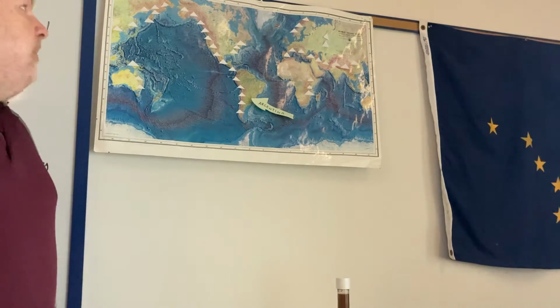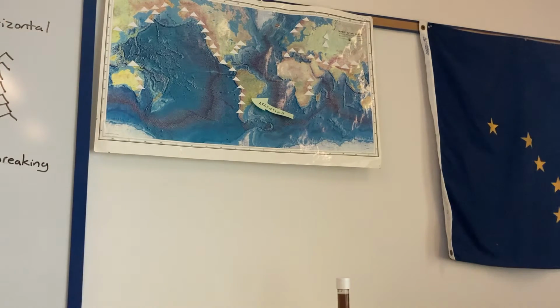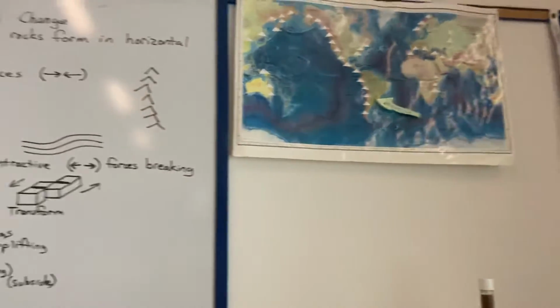Since you're watching on YouTube, you can just hit pause to see this. I'm going to move it along. If you're plotting it right now, just hit pause, plot the mountains on your map, and then come back over to this.